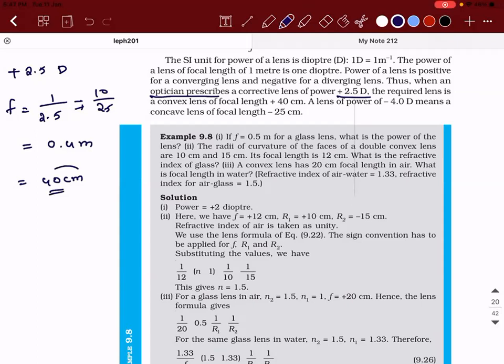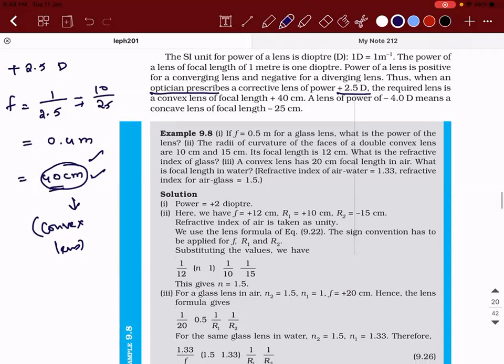So they have suggested a convex lens of focal length 40 centimeter. Clear? Yes, sir.